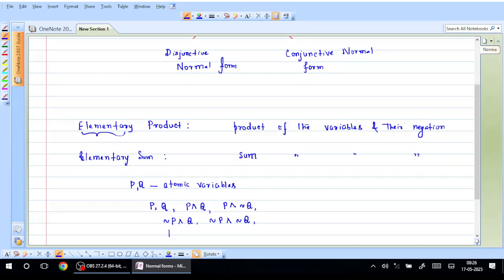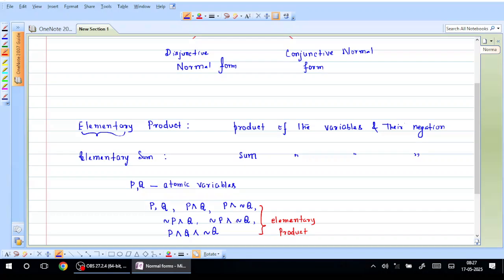For example, I can go with P meet Q meet not Q, and we can continue in this manner. These are elementary products.